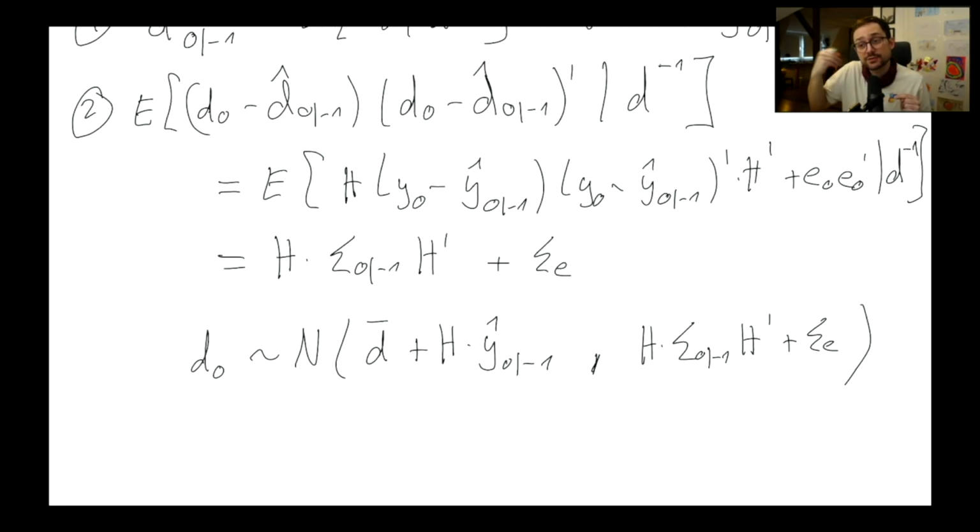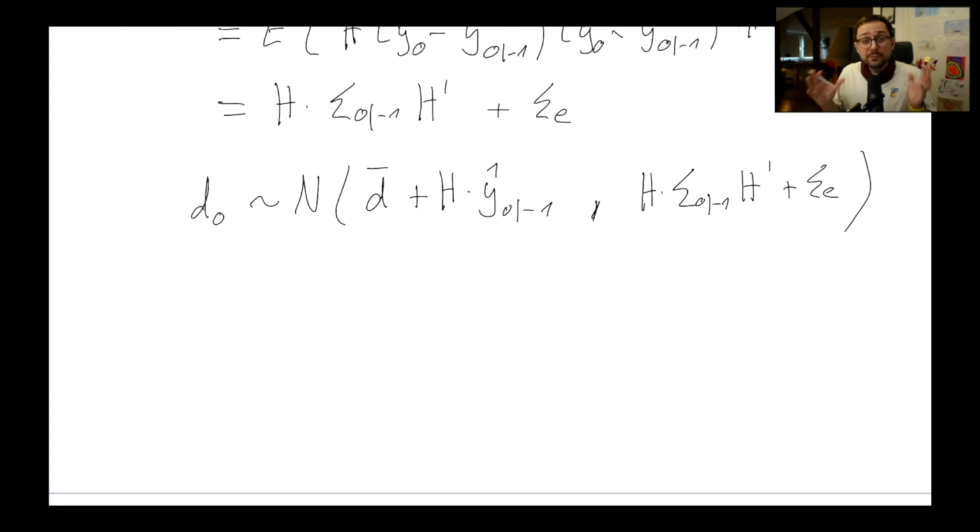Okay, let's try to find the conditional normal distribution of next period's data, d1, that is dependent on the conditional distribution of y1, for which we try to come up with a state forecast, y hat 1 given 0, and corresponding mean squared error matrix sigma 1 given 0. And we're gonna do this using the idea of a population regression. Okay, so there are many ways to derive the Kalman filter.